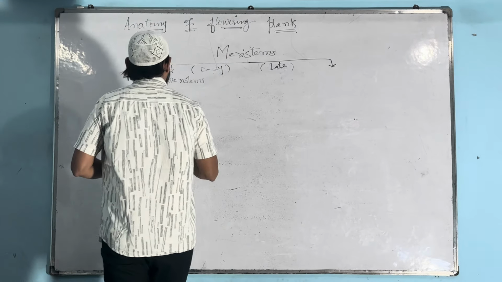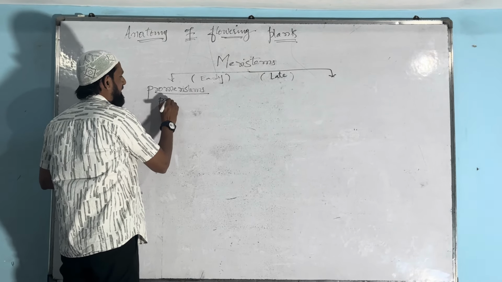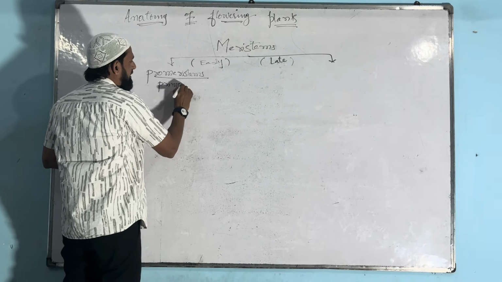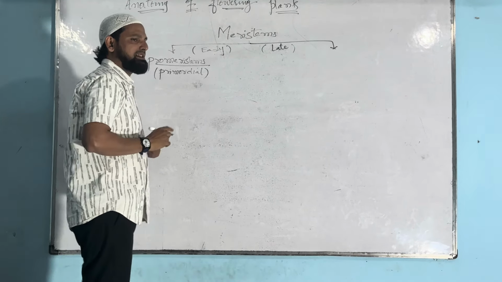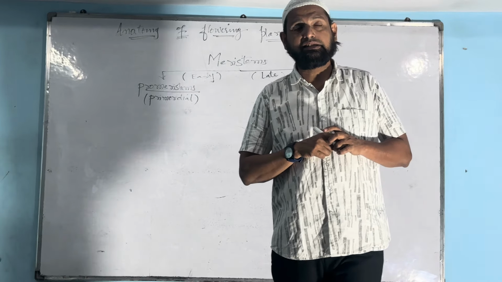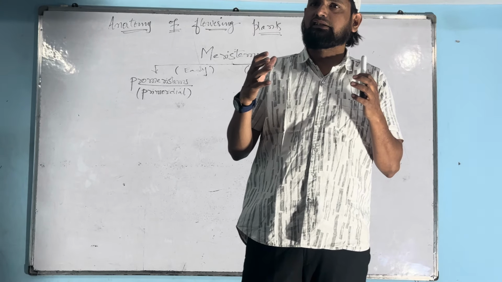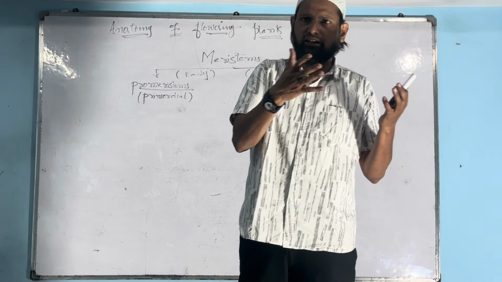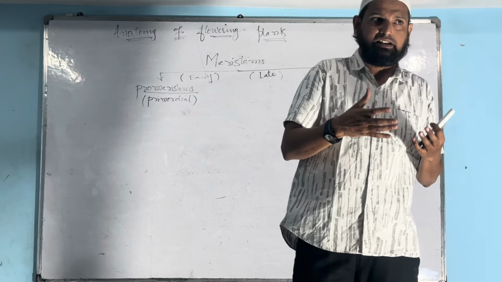The promeristem is also called what? Primordial meristem. What does it mean? I think you know that cell division will occur, maybe from the zygotic cell or maybe from some permanent cells also, right?